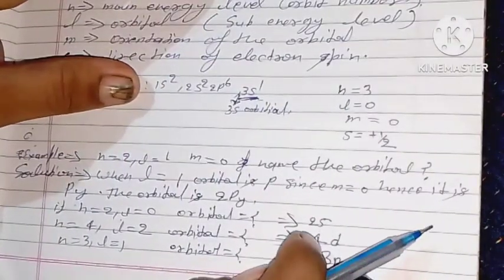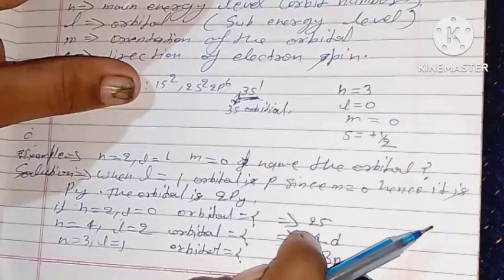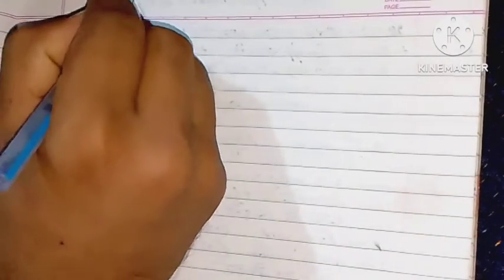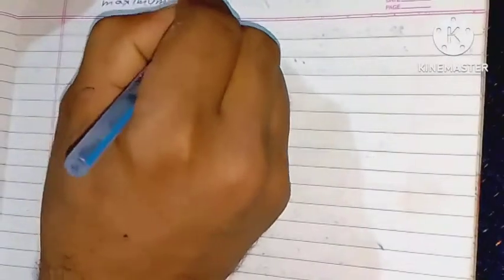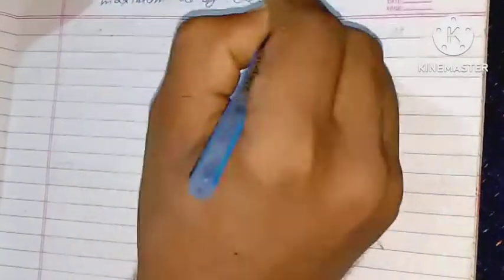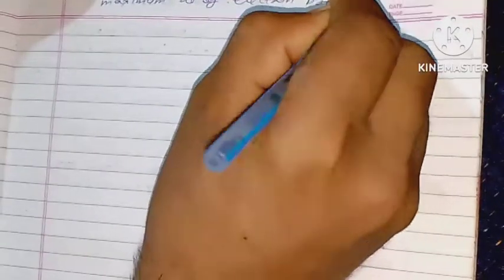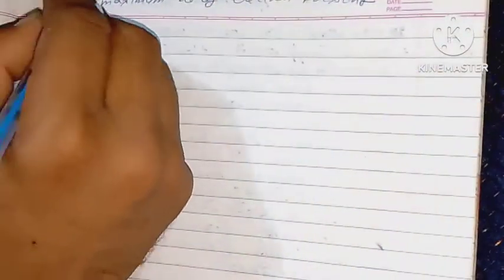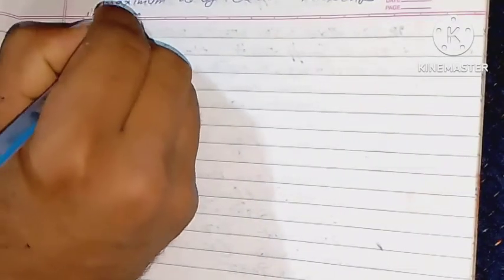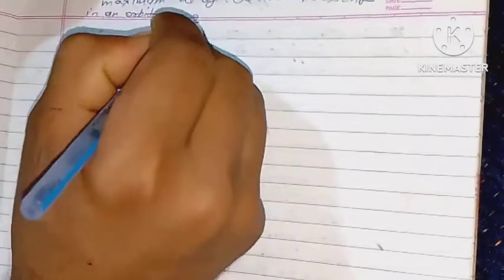Example: for n equal to 3, find out the maximum number of electrons present in an orbit. The maximum number of electrons present in an orbit equals 2n squared.